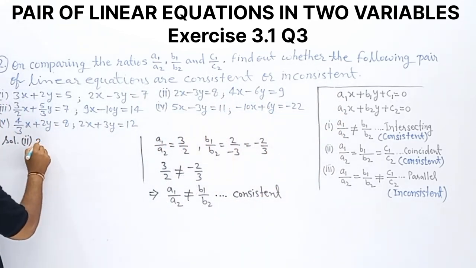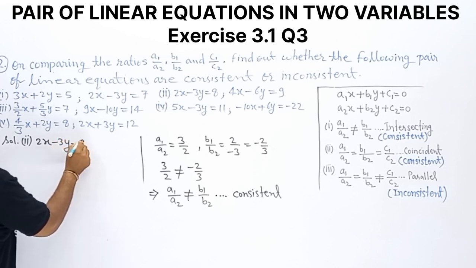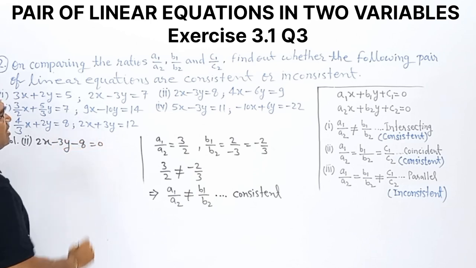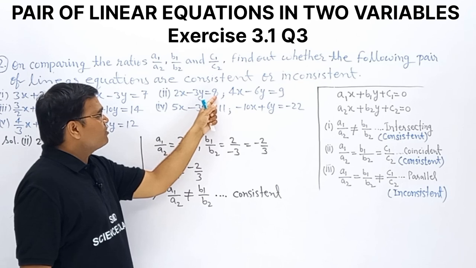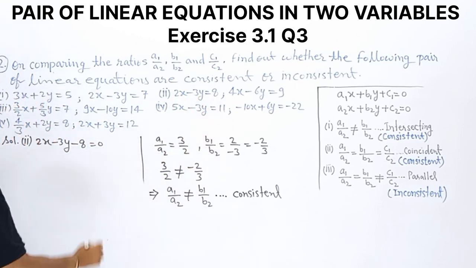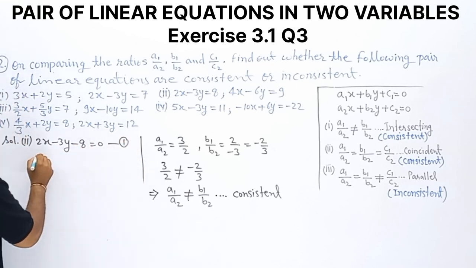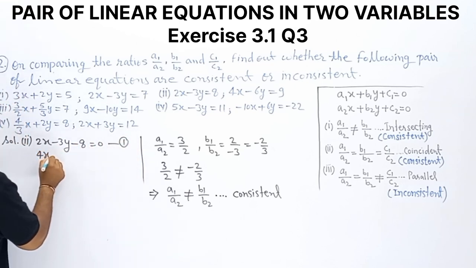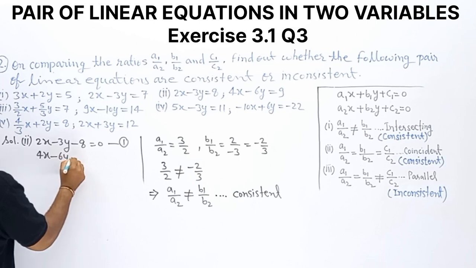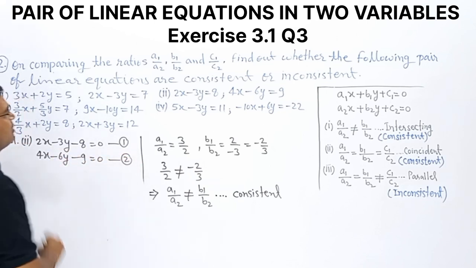First one is 2x minus 3y minus 8 equal to 0. From the right side, this constant term can be written on the left side and the sign will be changed. This is equation number 1. Now the next equation, 4x minus 6y minus 9 equal to 0. This will be equation number 2.